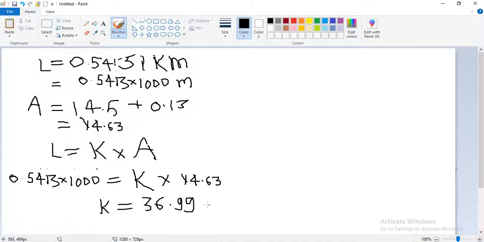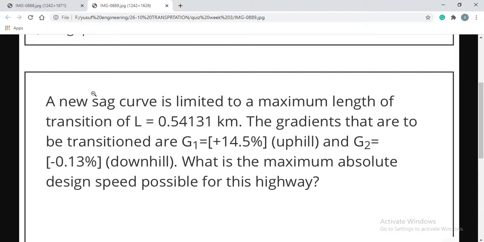So it is approximately 37, and in the question it is given that it is a sag curve.